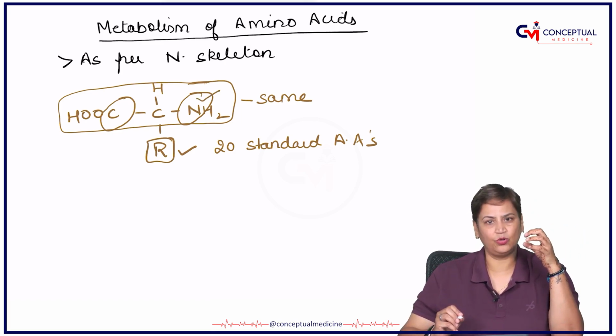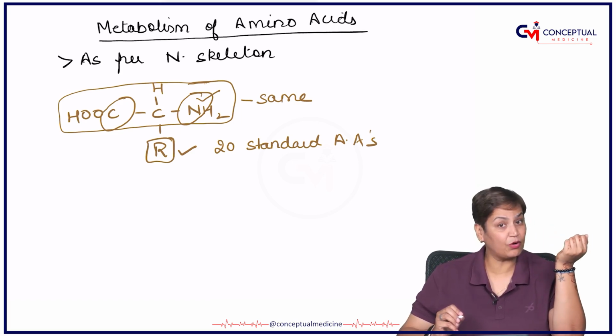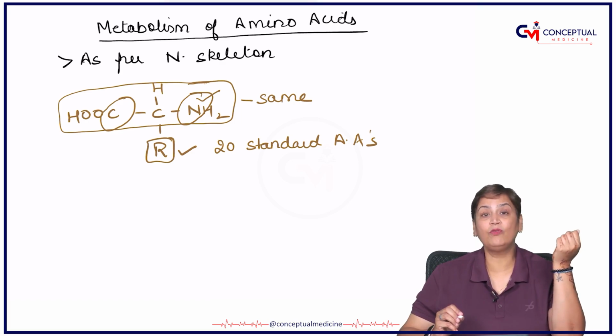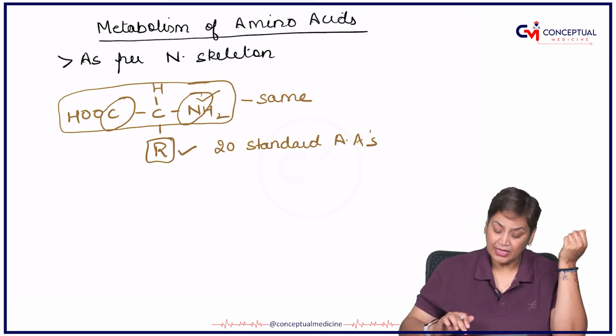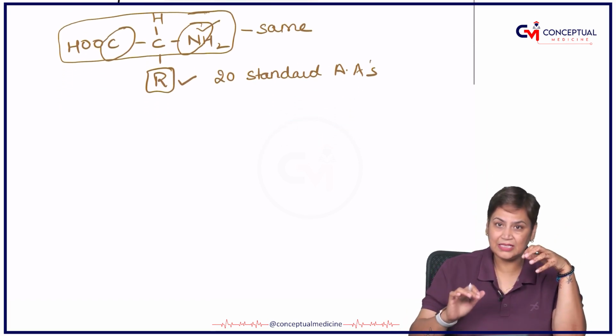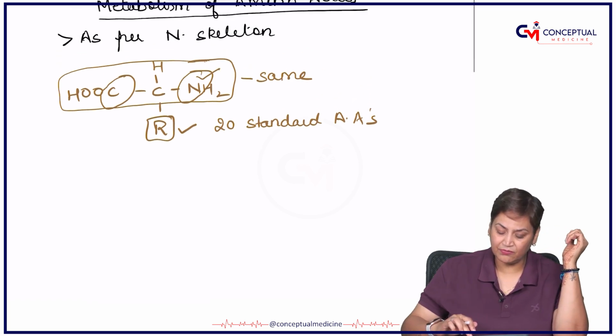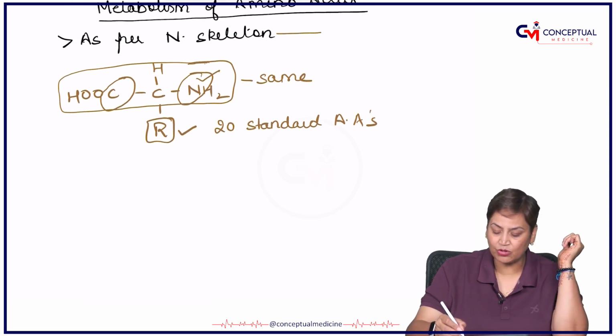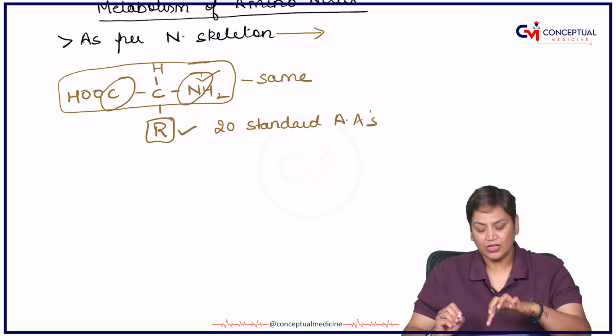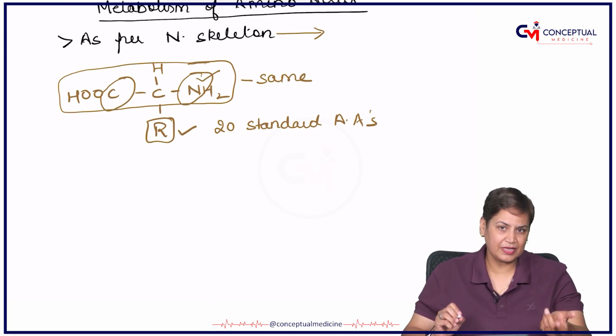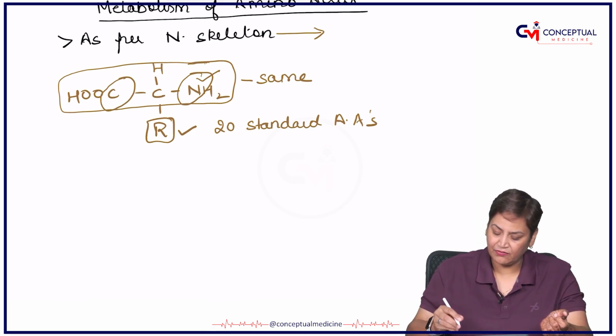And this amino group is expelled from the body in the form of urea. So if we talk about the metabolism of these amino acids, first of all, the nitrogen present in the amino group will undergo transamination.